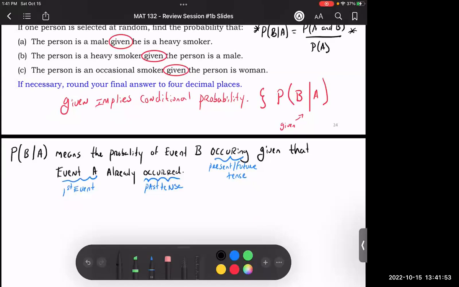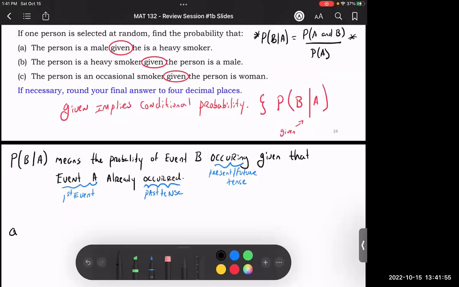So let's look at part A. Part A stated that the person is a male given he is a heavy smoker. So looking at our notation here and knowing what's the first event versus second event, is the male the first event or the second event?